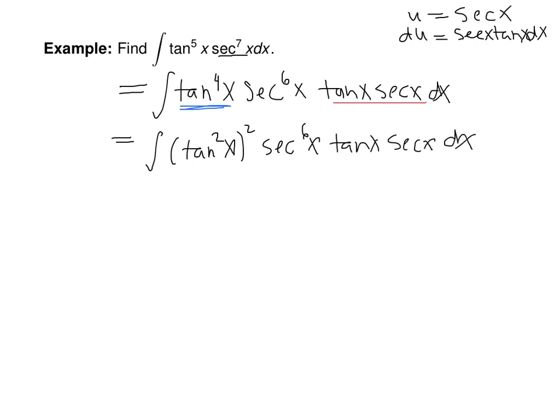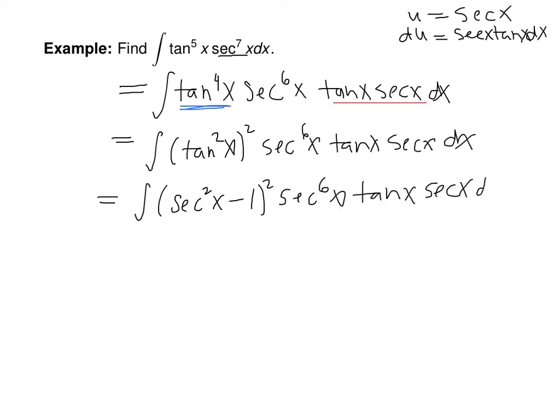and tangent squared x is equal to secant squared x minus 1, squared, times secant to the 6th x tan x secant x dx. And when we do our substitution, this gives us the integral of u squared minus 1, the quantity squared, times u to the 6th du.